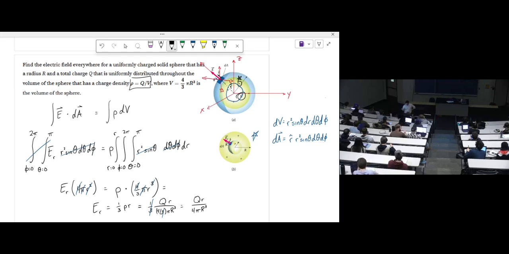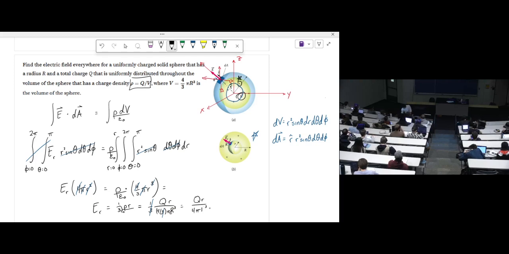And I'm also missing one other thing in this solution. Does anybody see what it is? Yeah, I missed epsilon naught at the beginning. I've got divided by epsilon naught all the way through this. So that means that there's also an additional factor of epsilon naught here, epsilon naught here, epsilon naught.